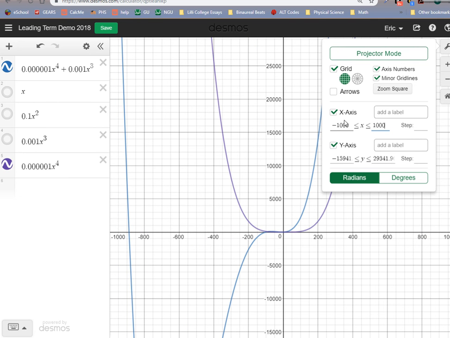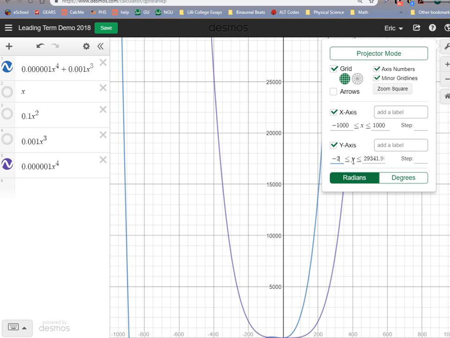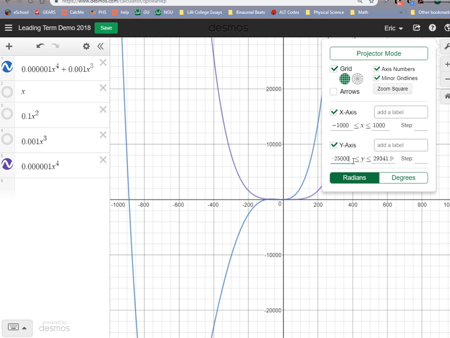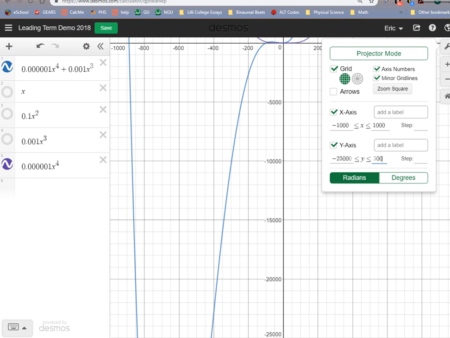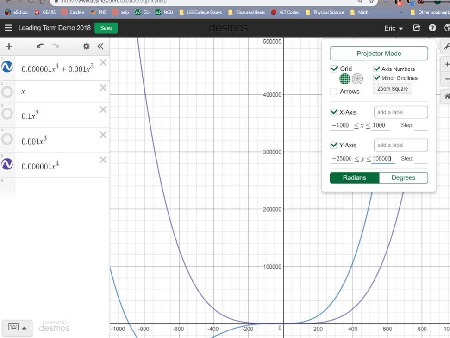And let's go ahead and make the y-axis a lot bigger. Let's go from negative 25,000 up to positive, I don't know, like 500,000? Okay, now what are we starting to see?